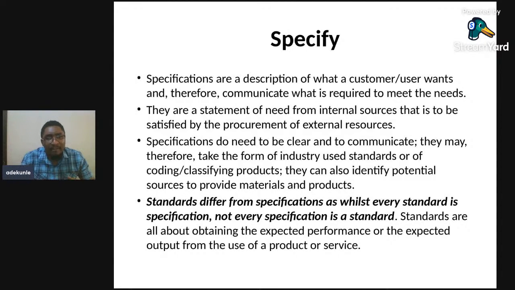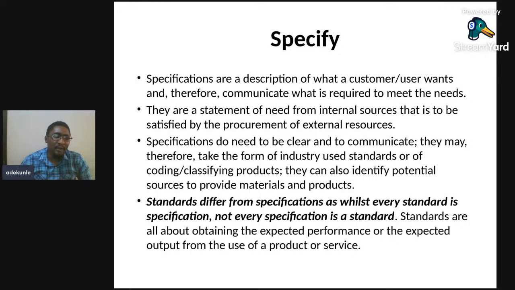So there is a need for those things to be communicated. It varies from industry to industry how specifications are classified or coded so that confusion does not set in, in terms of the product type and the specification that is needed.